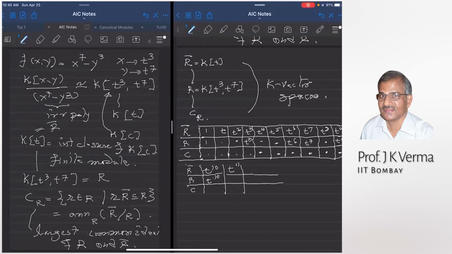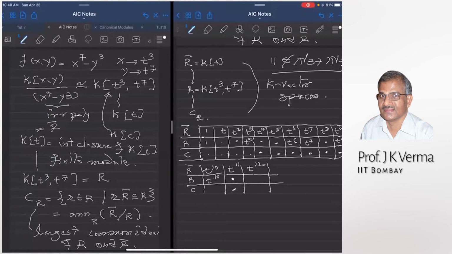What about T11? T11 is in R or not? Not in R. 11 can't be generated by the semigroup generated by 3 and 7, and 11 does not belong to 3N plus 7N. But now we hit an element T12.